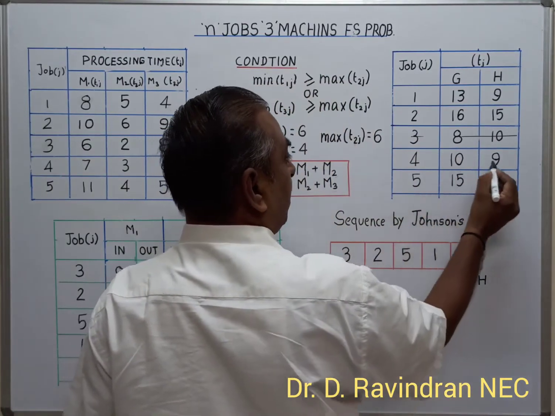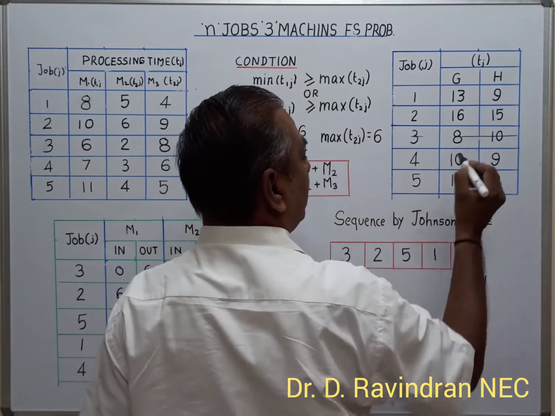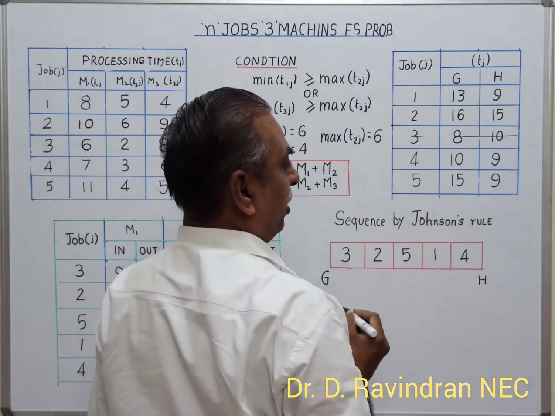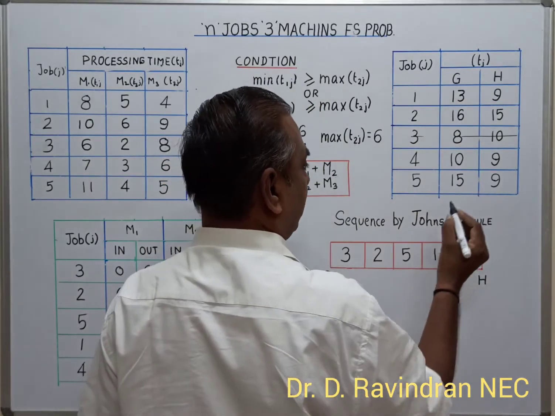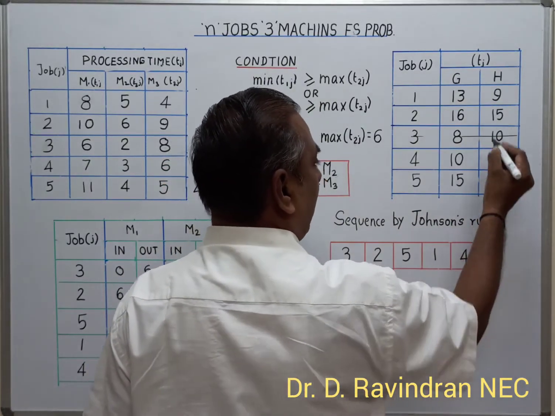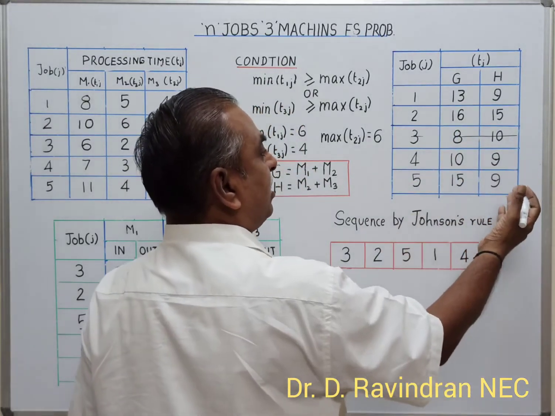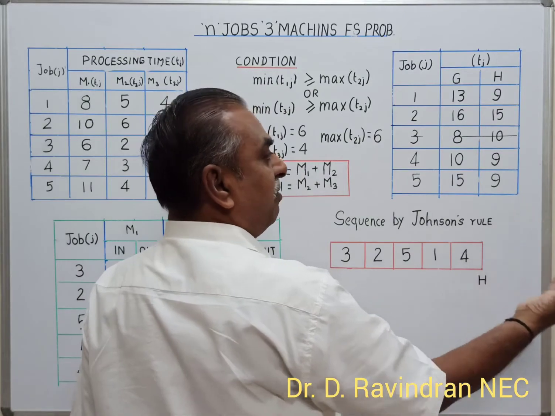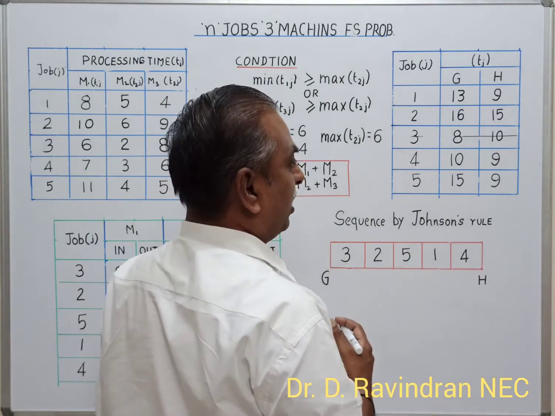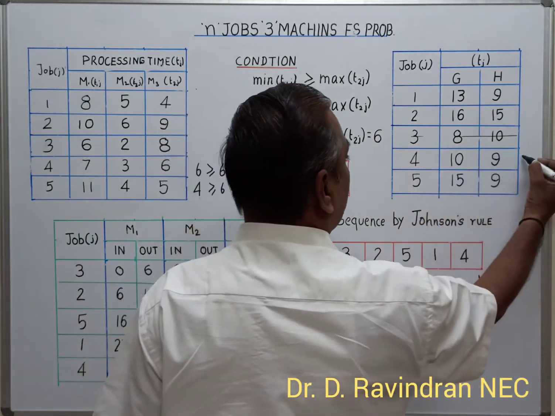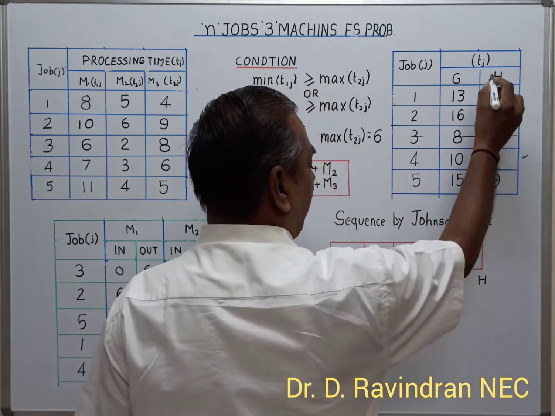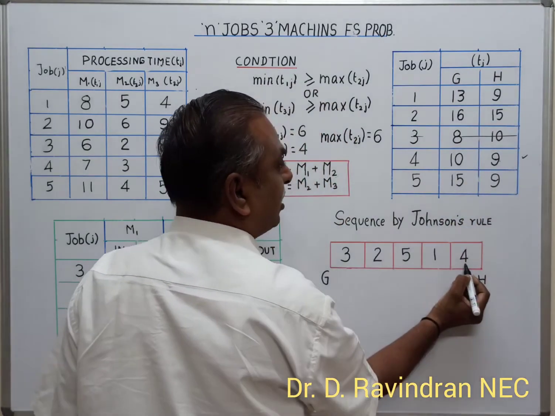Now there are 3 places where 9 is appearing, the next lowest processing time. When a tie occurs, we can arbitrarily break the tie. All the sequences resulting out of this tie breaking will give the same value only. Now arbitrarily we can choose job 4, which is against H, so job 4 can be processed last.